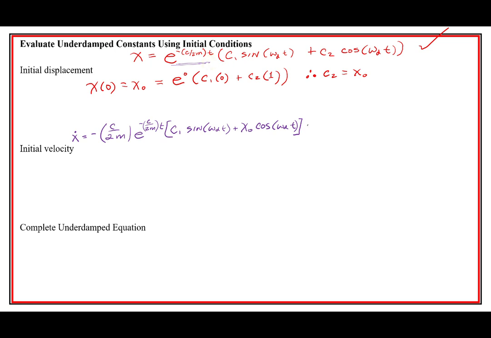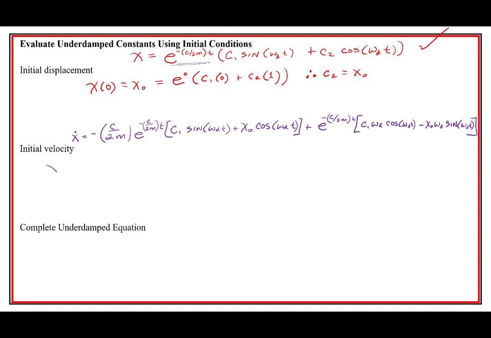So it's going to be plus e to the minus c over 2m t times C1 omega d cosine of omega d t, and then minus x naught omega d sine of omega d t. Okay, so now we want the initial velocity.